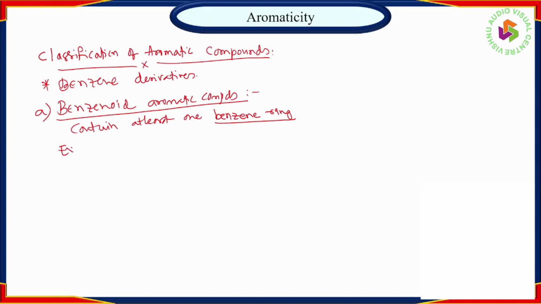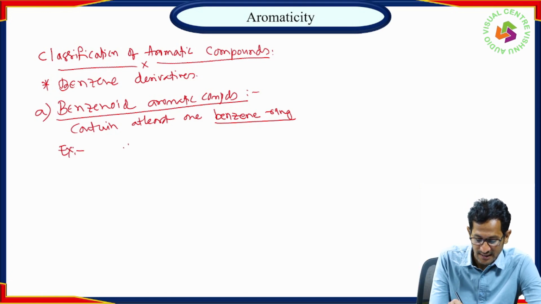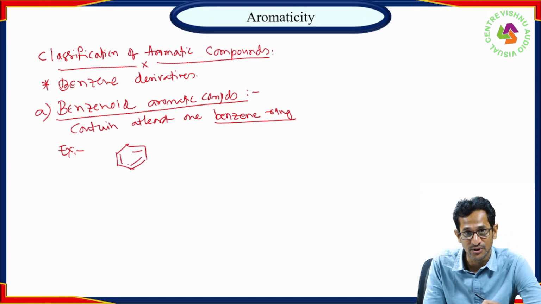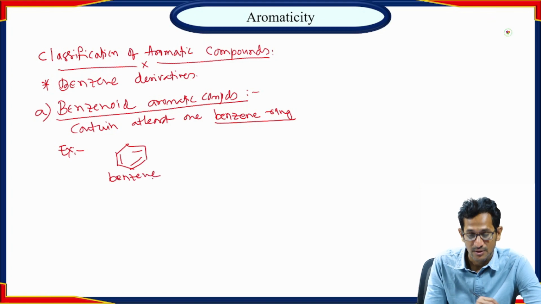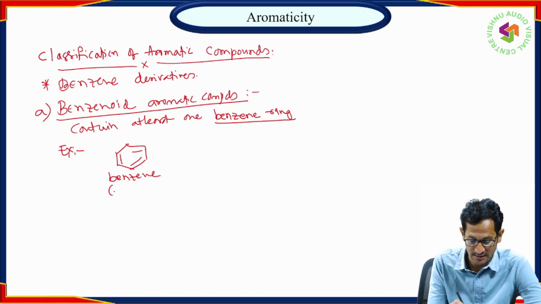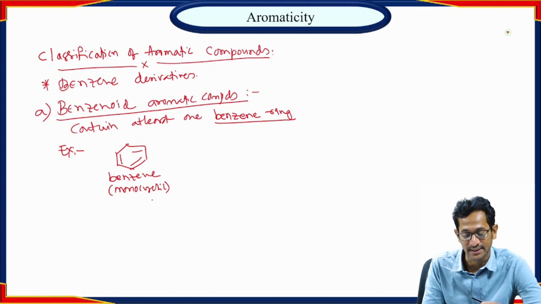Let's take examples. I can write benzene. It is an aromatic compound because it contains a benzene ring. This is monocyclic.